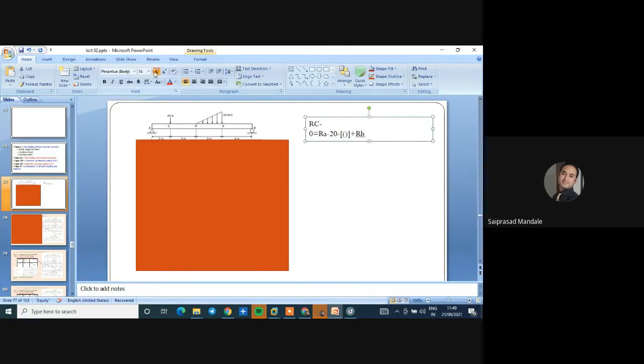Now, can anybody tell me how to calculate the intensity of UVL? In the beginning, I told you how to calculate the intensity of UDL. The area under the triangle is nothing but the intensity. So it is half into length into width, which is 40.